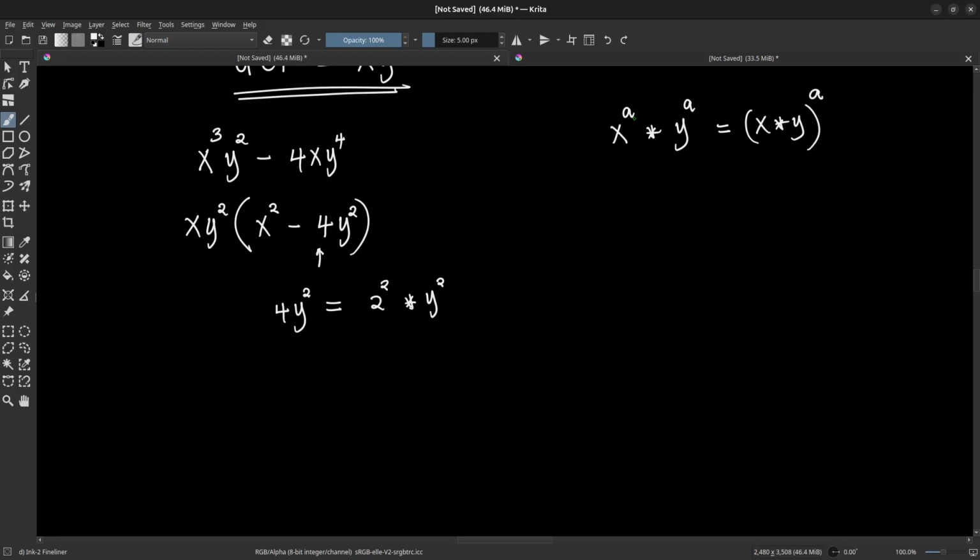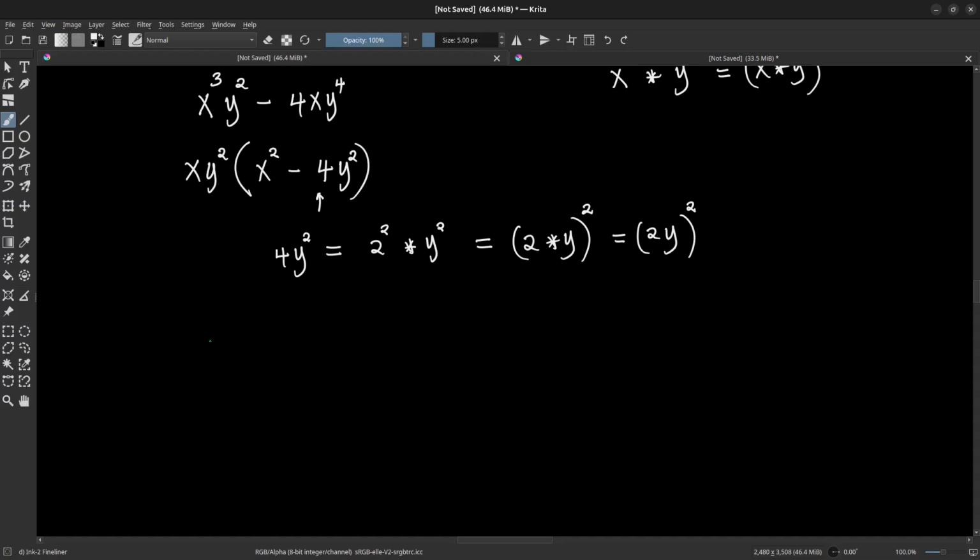So long as the powers are the same and the sign is multiplication, you can multiply the bases and then raise that result to one of the powers. So this equals 2 times y raised to the power of 2, which is 2y to the power of 2.